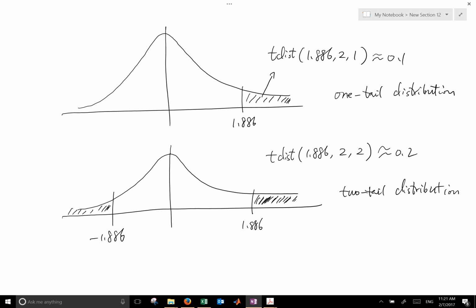So this is the 1-tail distribution and the 2-tail distribution. And this 2-tail distribution is also called the p-value. If I give a location, it tells me the p-value. The p-value means the summation of these 2 areas.